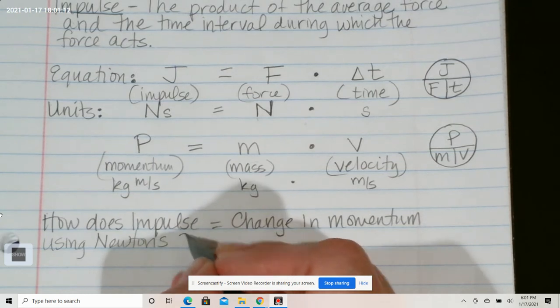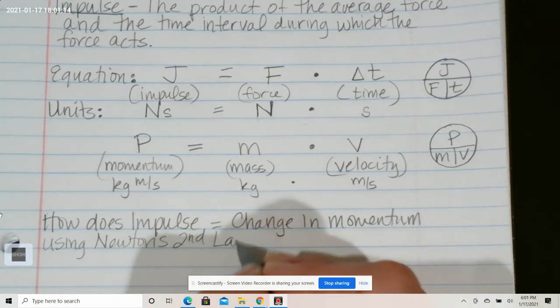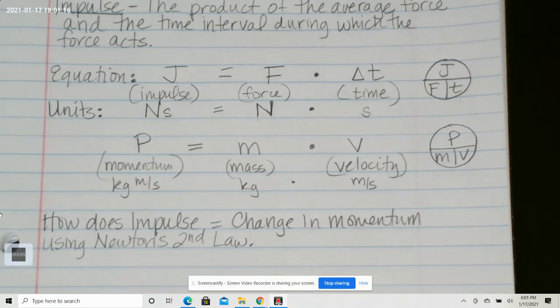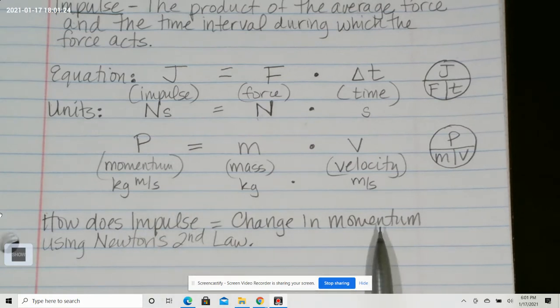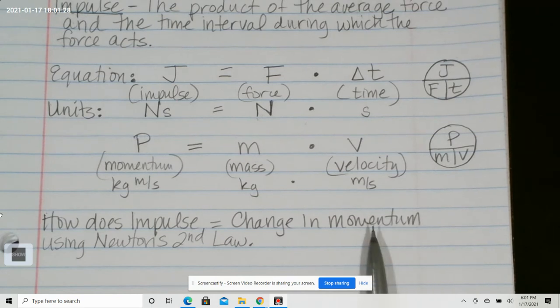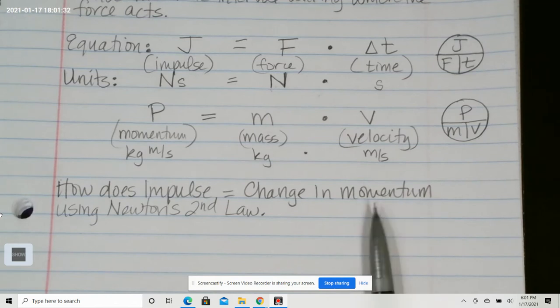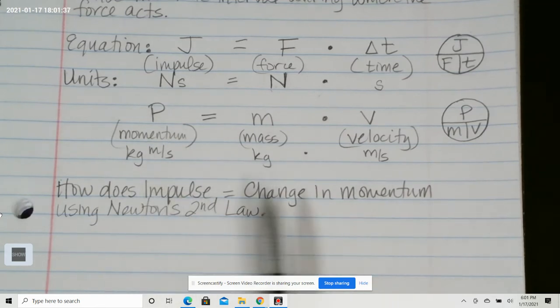I don't even know what you're talking about. Newton's second law, impulse, momentum. So all these relate to each other. We've talked about how momentum relates to the amount of force applied originally. Remember, momentum is an object in motion. So to get something in motion, you had to have a force applied to it. Impulse is going to equal change in momentum, and we're going to use Newton's second law.